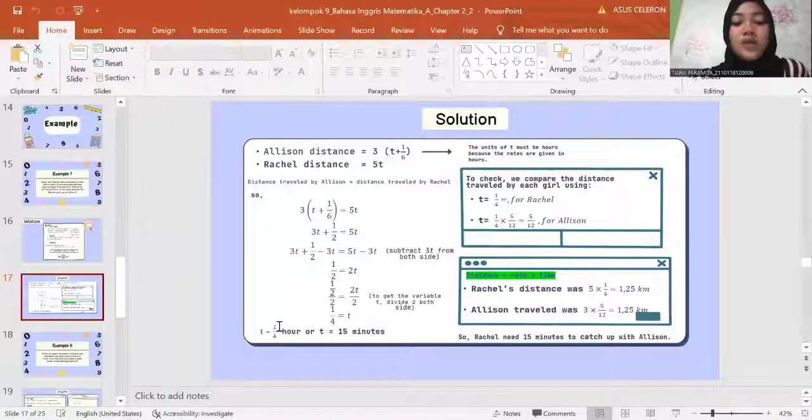So t equals 1/4 hour, or t equals 15 minutes.